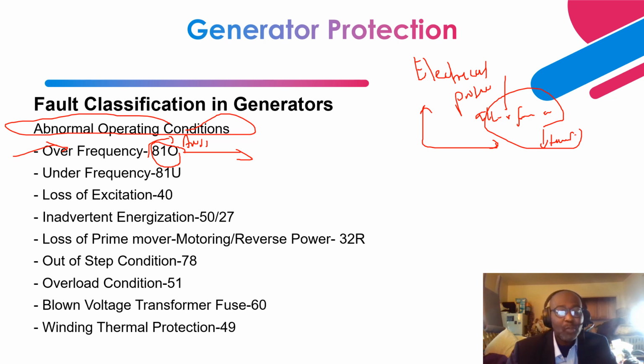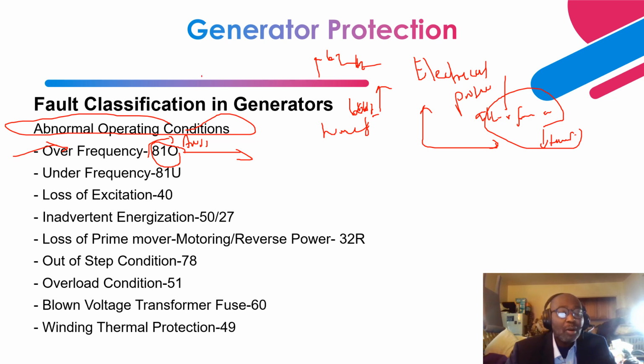So let's say the nominal frequency of operation of the generator is 60 hertz. The turbine manufacturer will say that I will allow you to operate the turbine generator at an over frequency up to 62 hertz. In between 60 and 62 hertz is going to be graded.